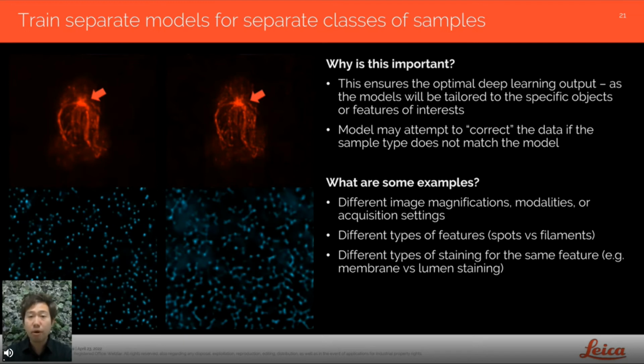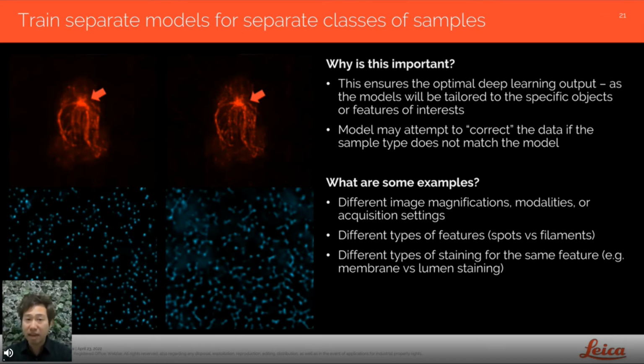Contrast that to the right, where the model that I applied was trained on microtubules, which are long and filamentous. When the model sees these point objects in the raw image, it tries to stretch them out like filaments. And you can see there's some small connectivity between some of these points that should not have existed. That is not good.